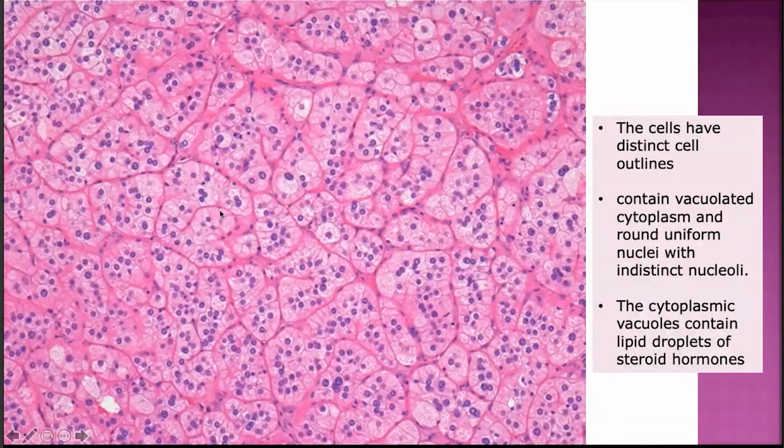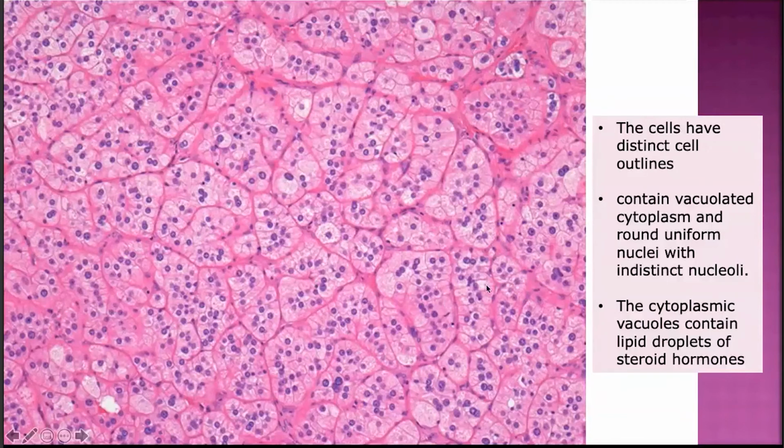You can see clearly the cytoplasmic border, and they form a very nice nest or cluster like this. The cells are very homogeneous, rounded, uniform. There is not much variation, uniform.